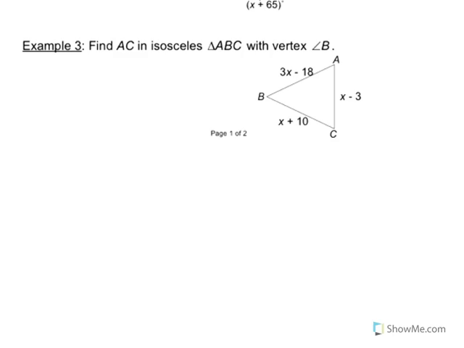Okay, so on example 3, which I feel pretty sure you could do without my help, we need to find the measure of AC in isosceles triangle ABC with vertex B. So if B is the vertex, then we know by definition that 3x minus 18 is congruent with x plus 10. And how do we justify that?